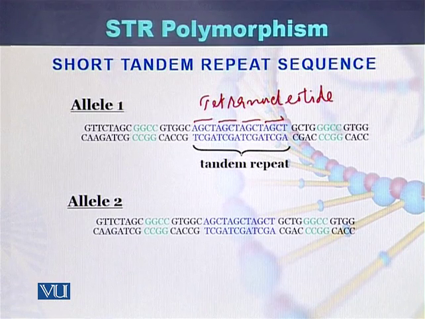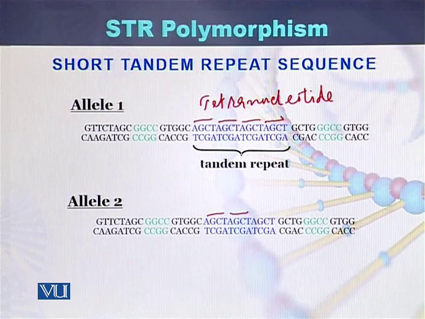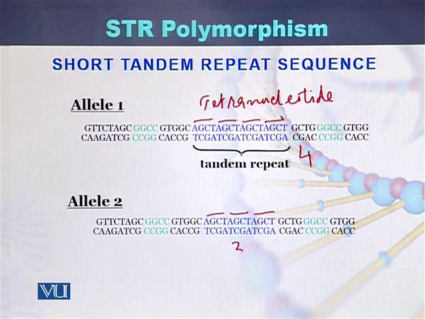On the second allele of that individual, there are 3 tetranucleotide repeats: AGCT, AGCT and AGCT. So here there are 4 repeated regions, and here there are 3 repeated regions. There will be variation between allele 1 and allele 2 based on the number of repeats present in each.